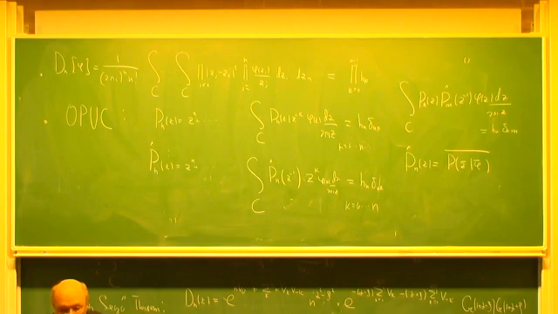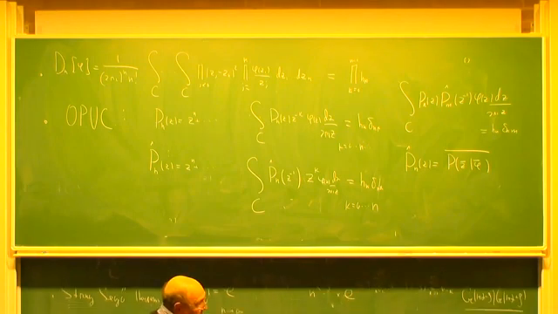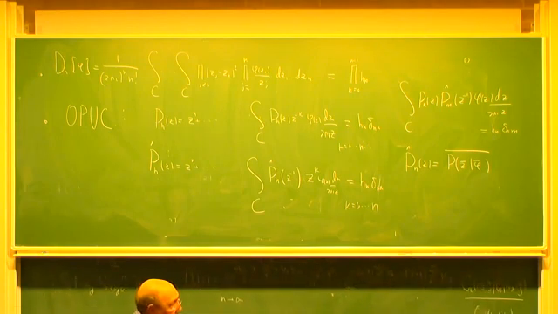I can advertise our paper with David and Krasovsky, a big review paper in Annals, 2011, where the history is presented. And then there was also our paper about the Toeplitz determinant under the influence of the Ising model, where all the things are related to the Ising model. I can give more examples.